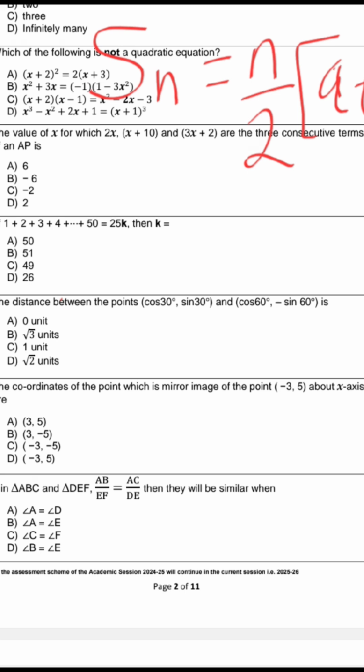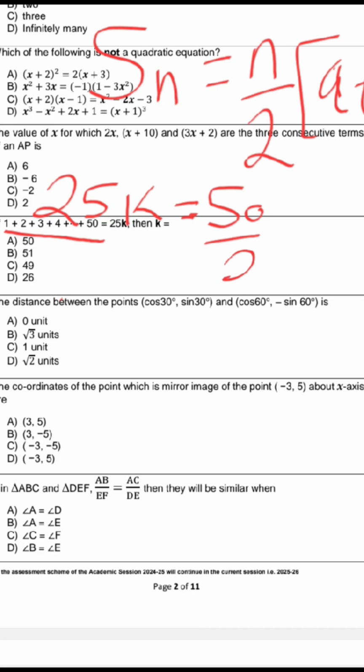Now here Sn is given, 25k is equal to n by 2, and the number of terms is 50, so you put here 50 divide by 2 bracket a, the first term is 1 and the last term is 50.